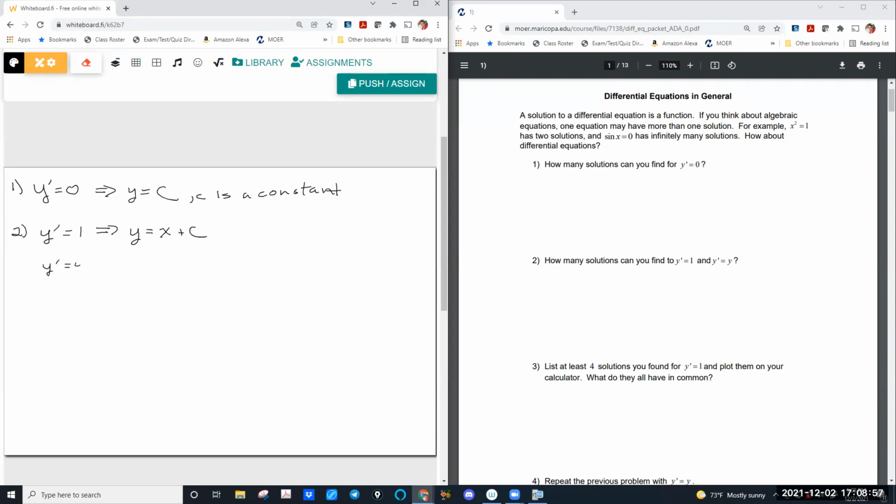And now we have y prime equals y. Now this is going to be a little bit less familiar to us, right? We're used to y prime equals x, or something in terms of x. But when y prime equals y, this is more typical of what you would see in differential equations, some equation that relates the rate, y prime, with the amount.